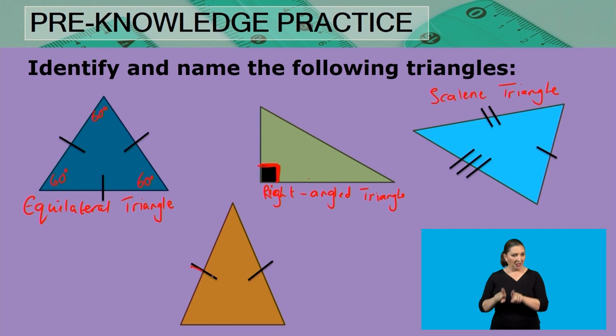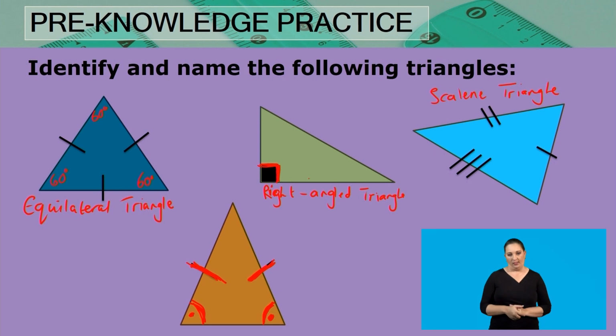And what about this triangle here? We are shown that two of the sides are equal, which means that two of the angles are equal. Remember, the angle that is opposite one equal side and the angle that is opposite the other equal side will be equal.